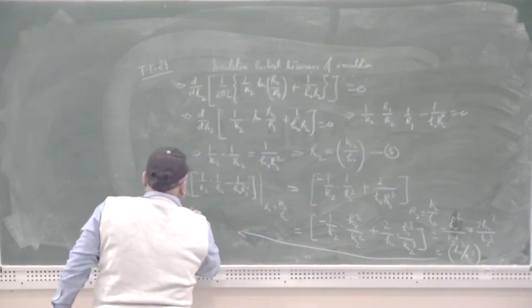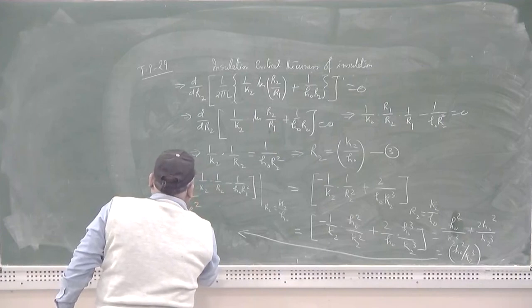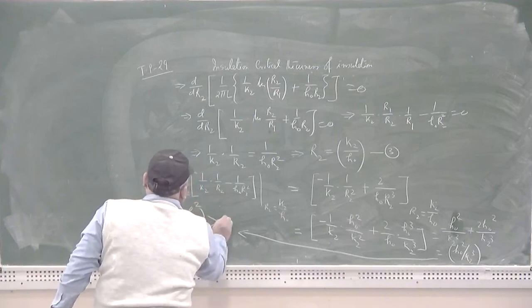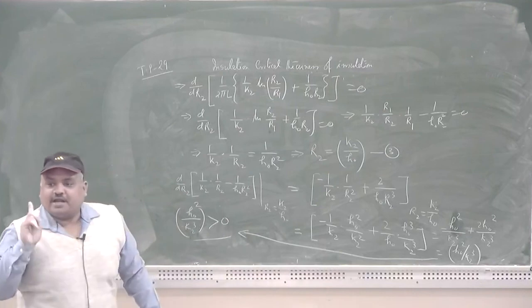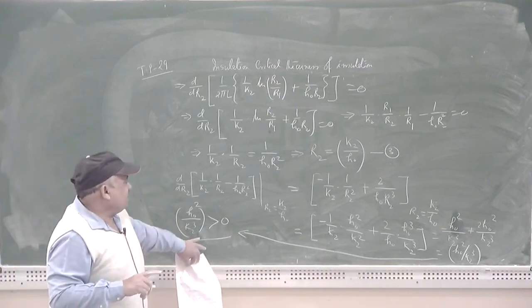See this quantity, h0 square divided by K2 cube, which is always greater than 0, it can never be lesser than 0. It is always greater than 0.